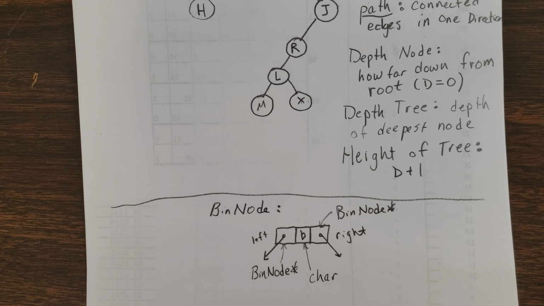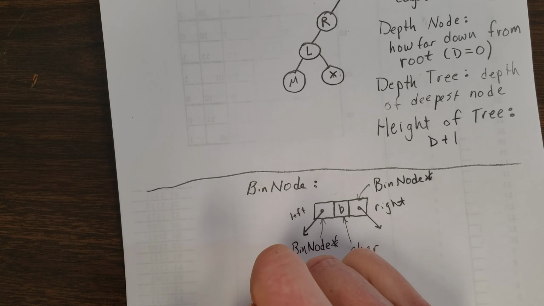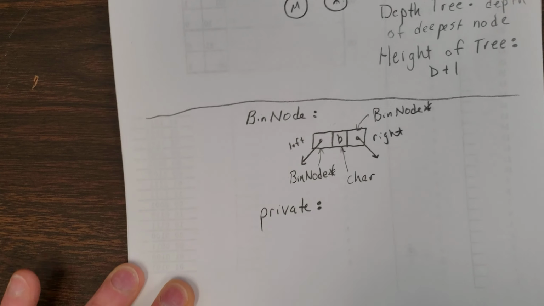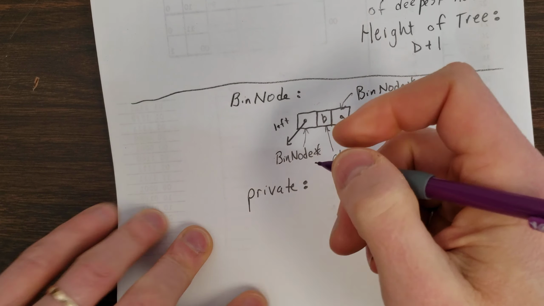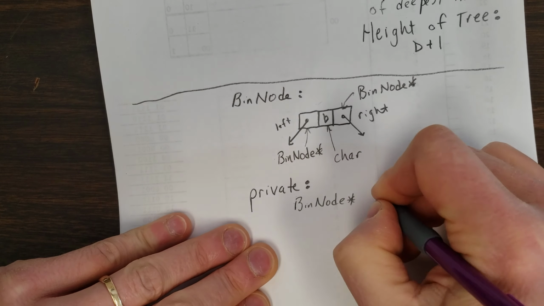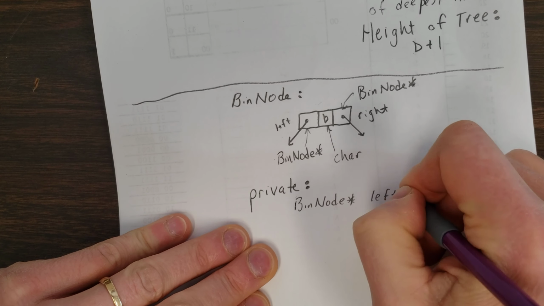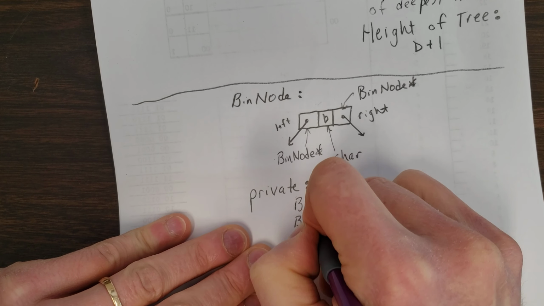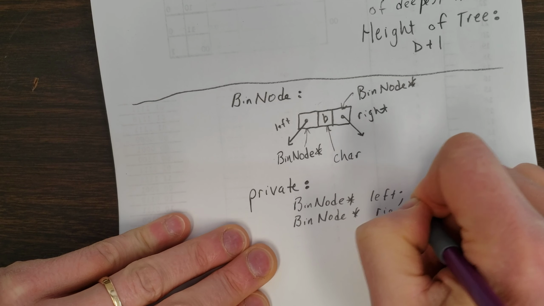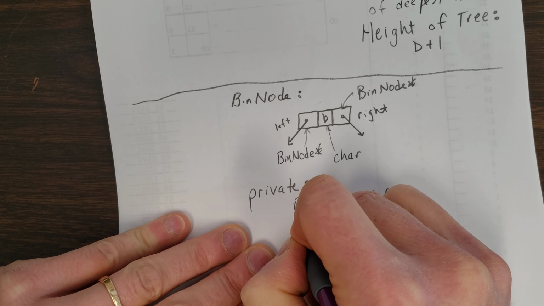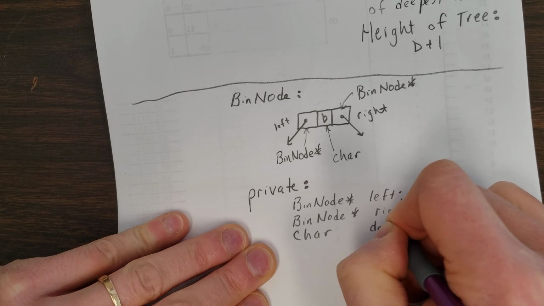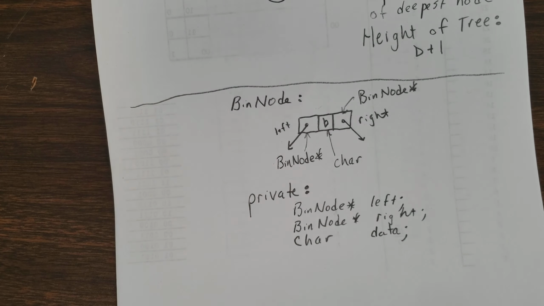So if you think about that, then when you have your private section for your member variables, you may have something like bin node left and bin node right, and then the payload is a char. Okay.